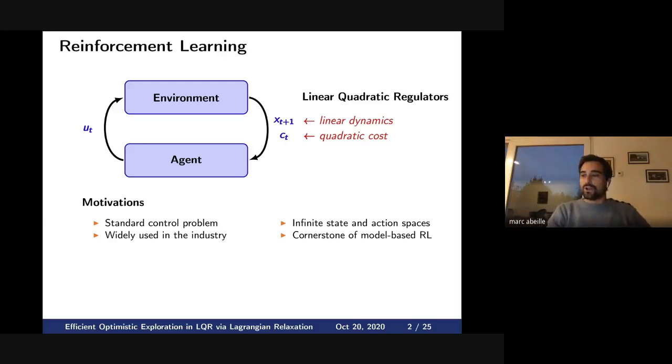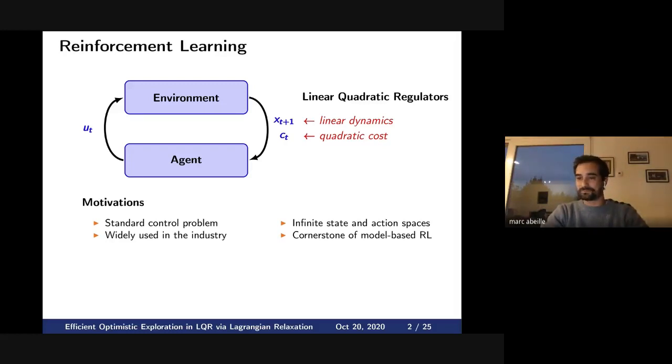Then, from a learning point of view, it allows us to focus on the key difficulties arising in reinforcement learning when we deal with infinite state and action spaces. Somehow one can see linear quadratic regulators as the reinforcement learning counterpart of what a linear model is for bandits.